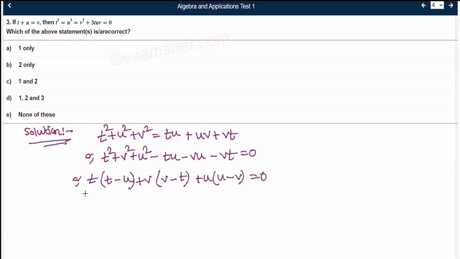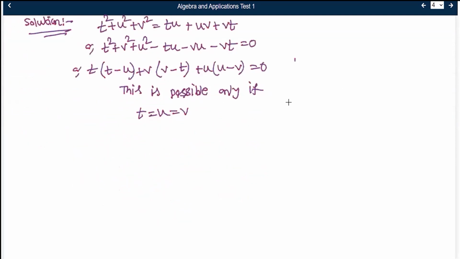Now this statement holds true only if t equals u equals v. If I make them equal, t equals u equals v, I can write t for each of u and v.